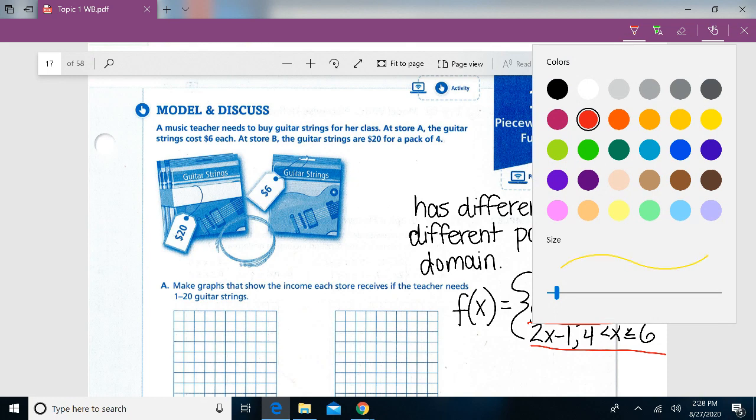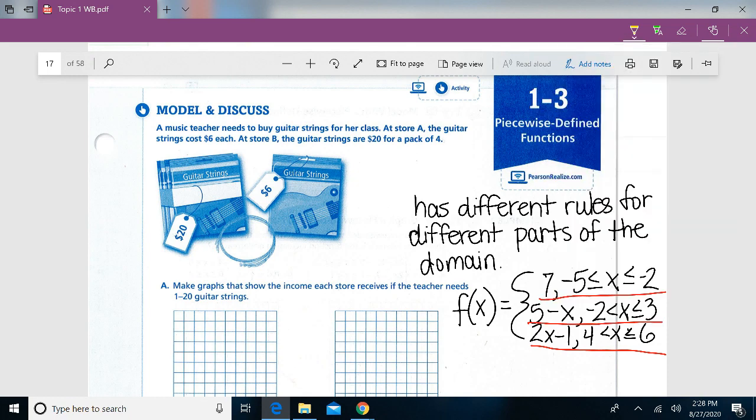The top line is one formula, and the formula of 7 only applies on the part of the domain from -5 to -2. 5 minus x is a formula for this function, but it only applies when the x values are between -2 and 3. And 2x minus 1 is a part of the function, but it only applies when the x values are between 4 and 6.